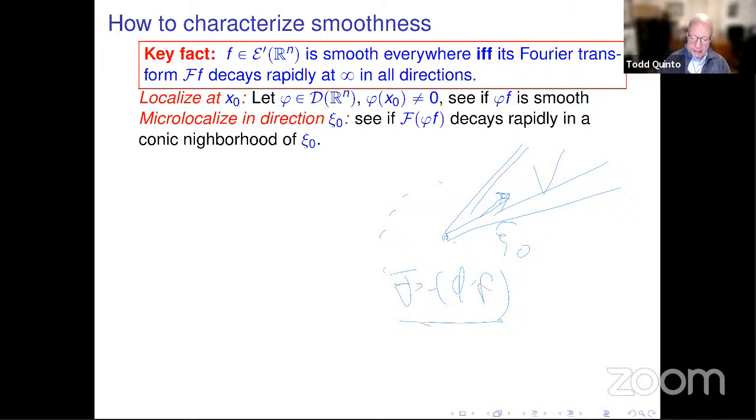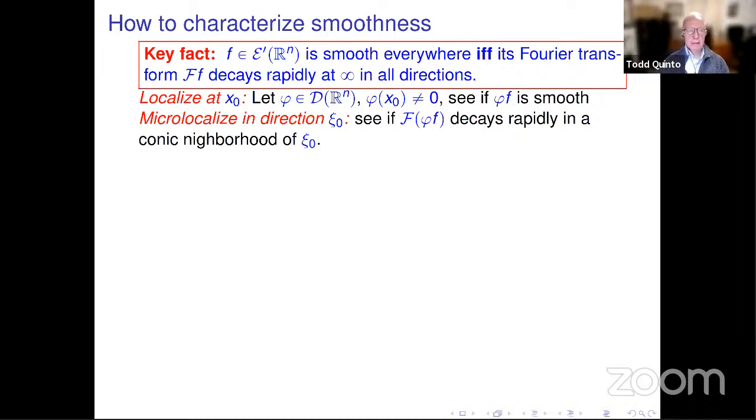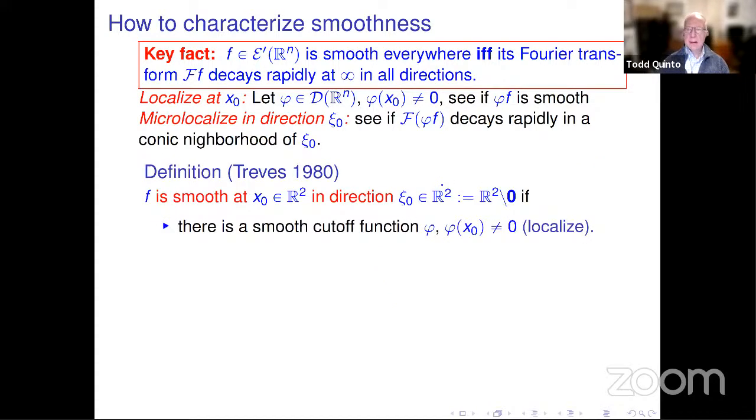Good. So that's the idea of our next definition. And I'm taking it from Treves, from his 1980 book. There are a lot of other references.